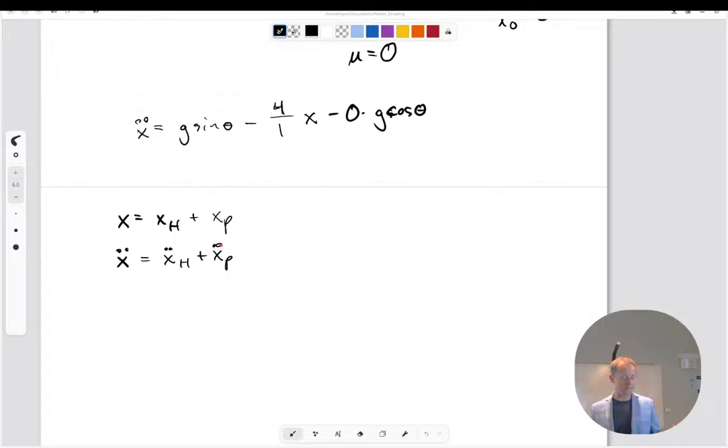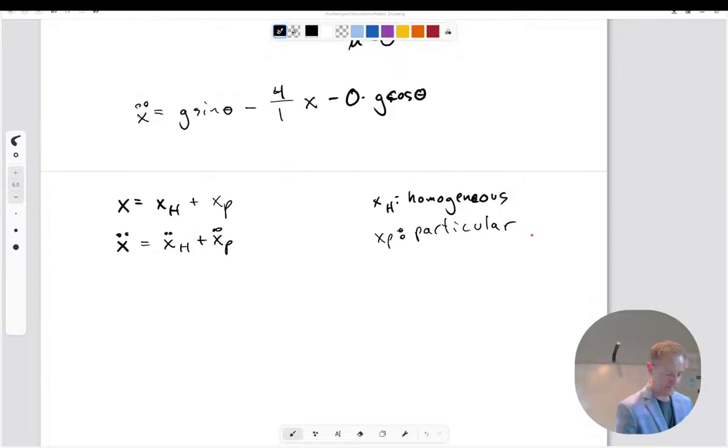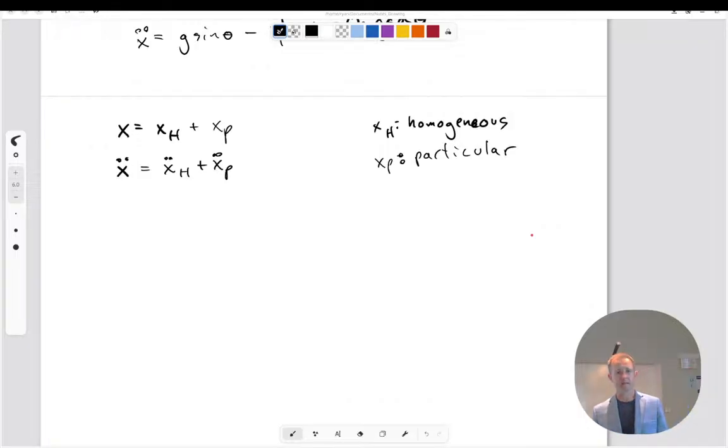So if I take 2 derivatives of x, it's the same as taking 2 derivatives of both of those homogeneous and particular solutions. Maybe we should write that, x h, homogeneous, and x p, particular.